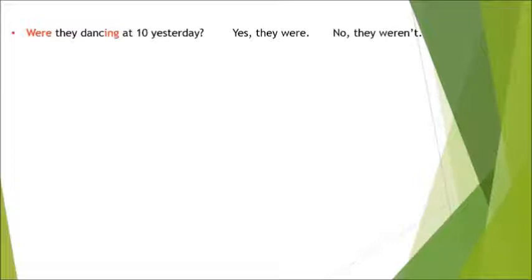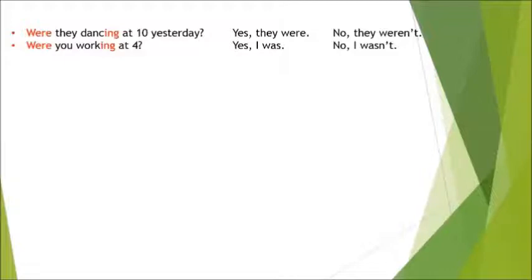Start with were, then subject, they, and verb plus ing, dancing. In answers, use were. Yes, they were. No, they weren't. Next. Were you working at 4? Yes, I was. No, I wasn't.